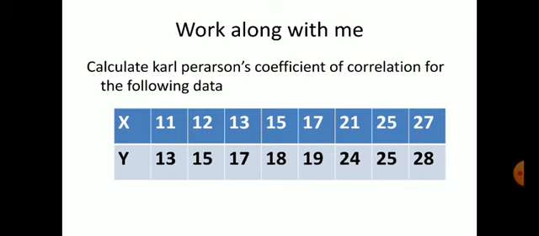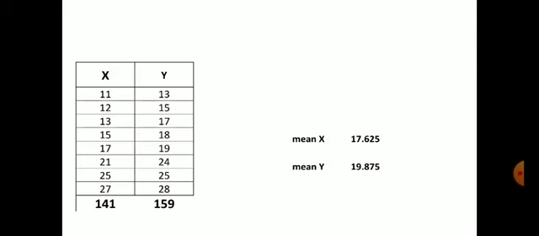If it is a whole number, you have to go with the arithmetic mean method. If you get a fraction, that is point something, you need to follow the assumed mean method. We will try to solve this. The mean of x you will be getting 17.625, and mean of y you will be getting as 19.875.